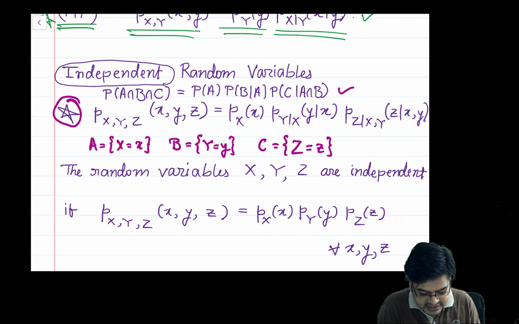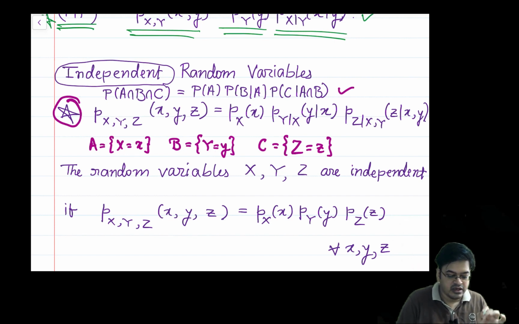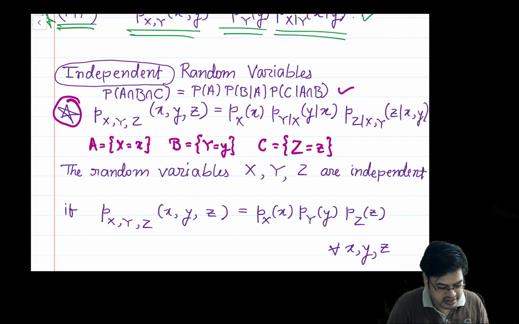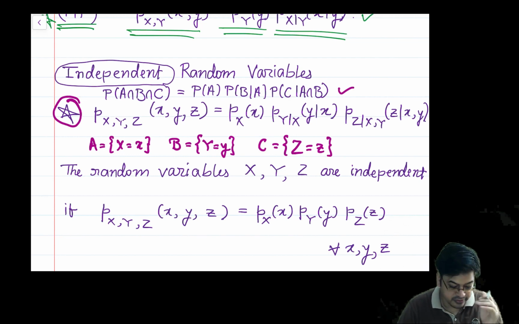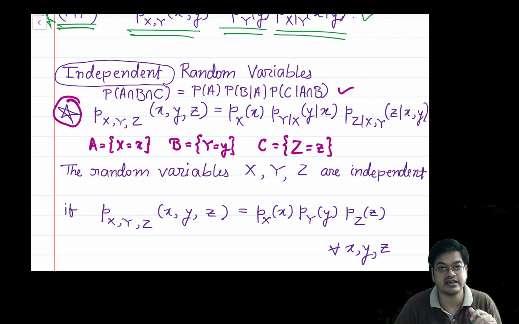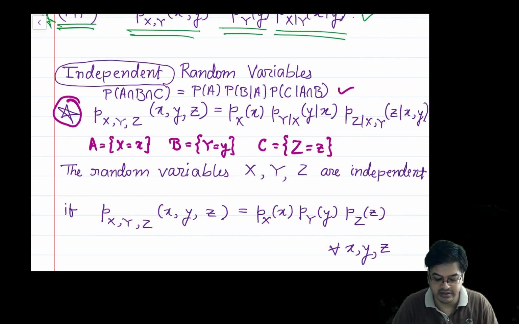So it is P Z given XY of small z given small x and small y. If you read this out clearly, it is nothing but the exact replication of the events that we were considering when we were considering the notion of independence. So this is in general the multiplication rule.